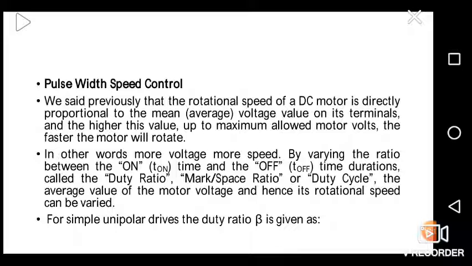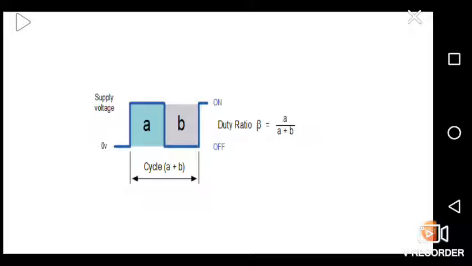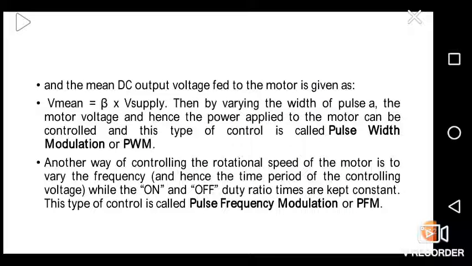For a simple unipolar device, the duty ratio beta is given as A by A plus B, where A is the on time and B is the off time, and the mean voltage fed to the motor is given as V mean equal to beta into V supply. Then by varying the width of the pulse, the motor voltage and hence the power applied to the motor can be controlled, and this type of control is called pulse width modulation or PWM.